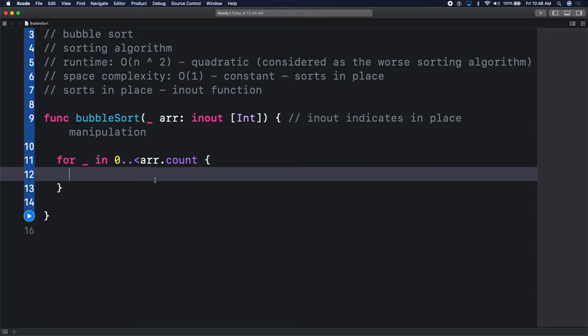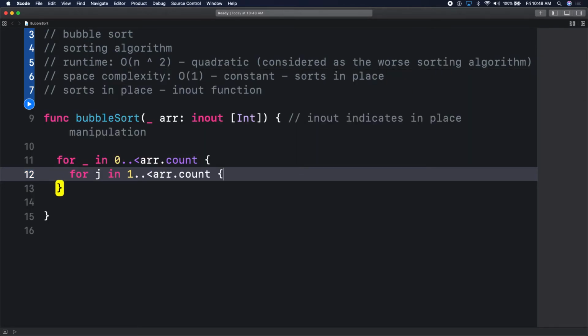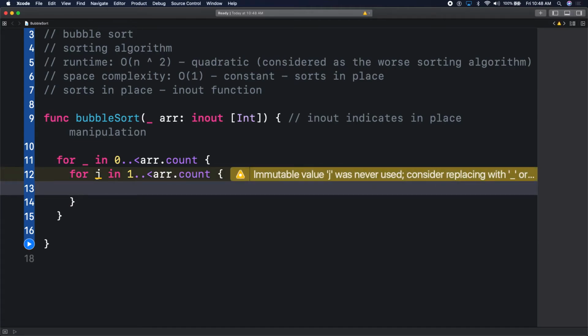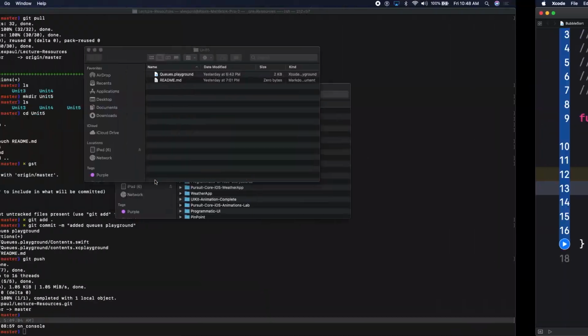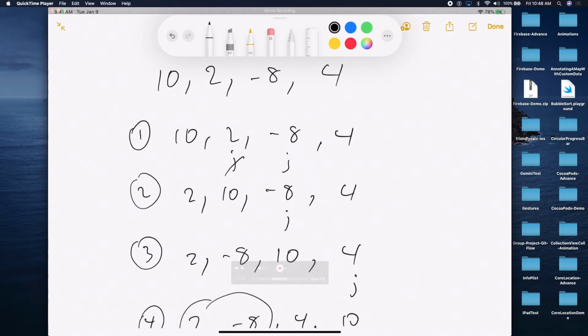So next up, we'll use the same j value we had. So we'll say for j in 1 up to array.count. And again, position 1, because we're not looking at position 0. Everybody with me? When we were comparing, if we go back to our diagram here, for example in the first place here, 10 doesn't have a previous value.